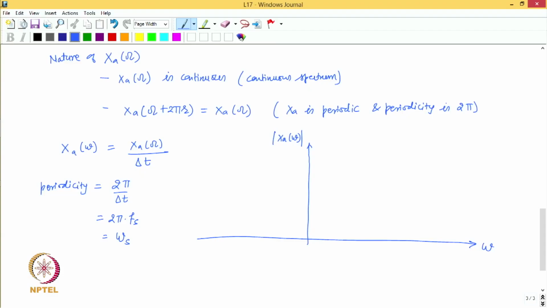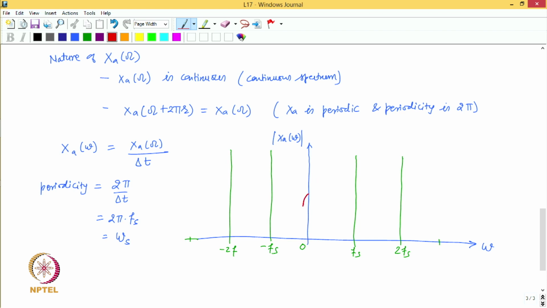So let us mark that first. Let us say this is 0, and then we have Fs, and then 2Fs, and on this side we have minus Fs, then minus 2Fs, and so on. Now how is the spectrum going to look?